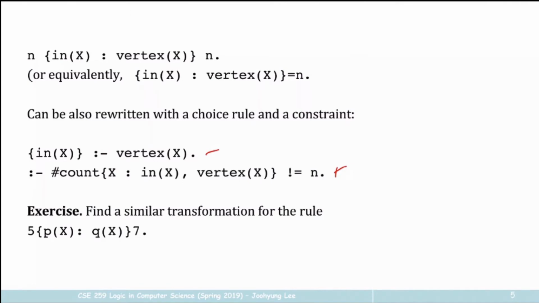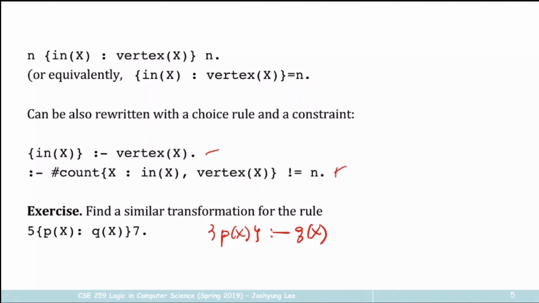So, following this spirit, what can we do? The first line is actually same as before. We are trying to count any subset. So P of X is a choice. So we can either choose the elements that belongs to Q in P or not.